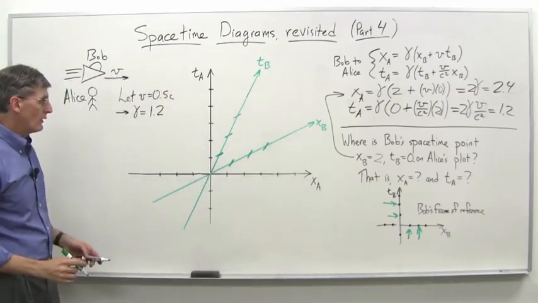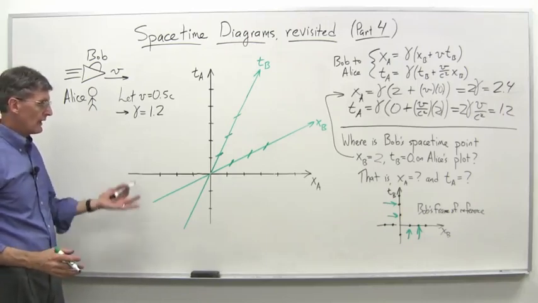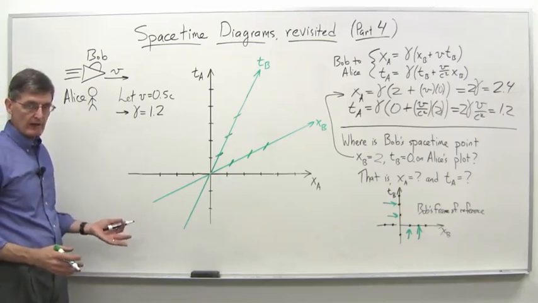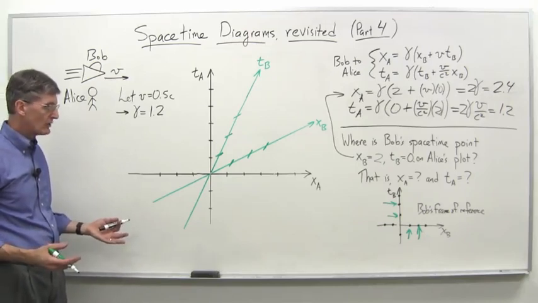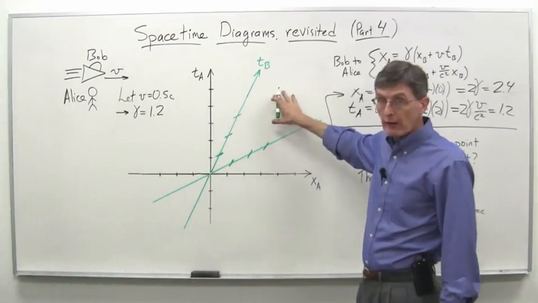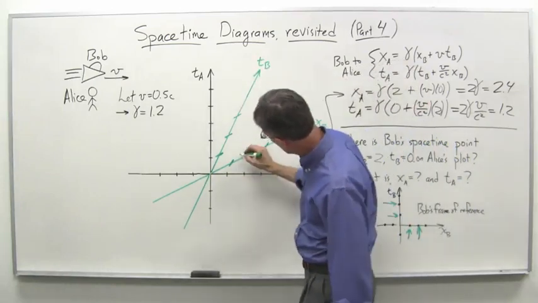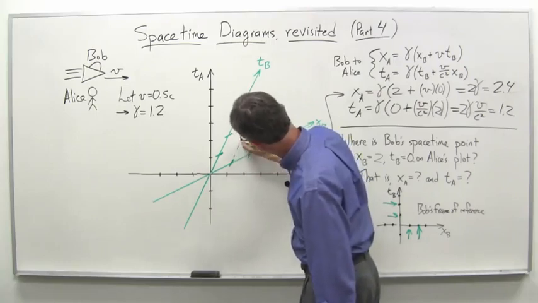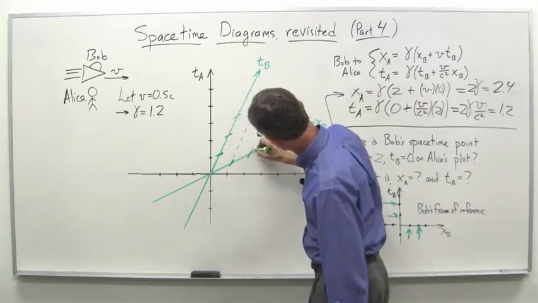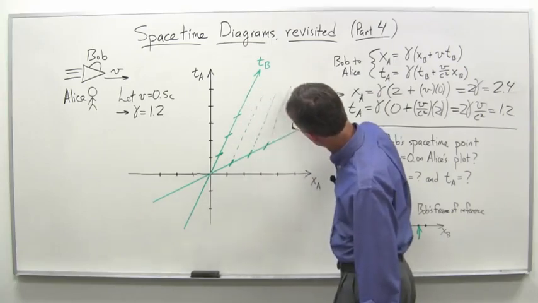Okay. Now, what that means is there are lines of simultaneity and lines of same location in terms of Bob's axes here. And again, they're parallel to the t sub b axis, so they would be roughly like that, like that, like that.